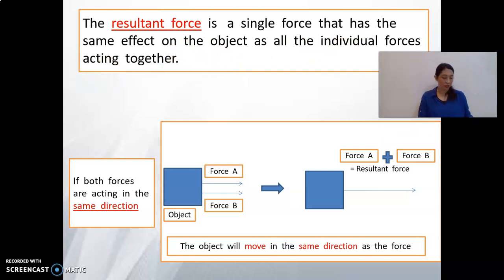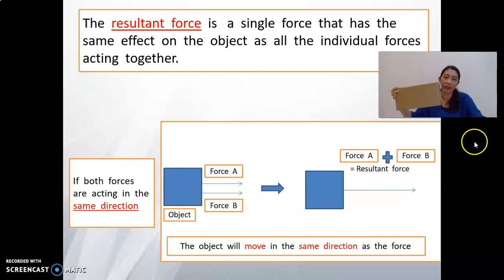Please open your workbook, page 47. If both forces are acting in the same direction, this is force A, this is force B, and this is the object, for example the box.